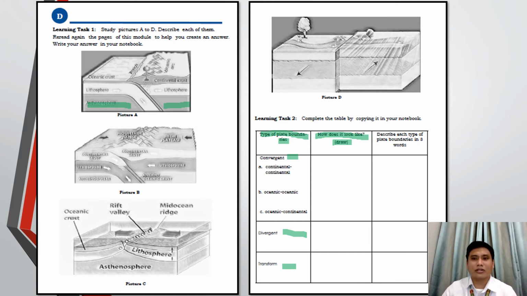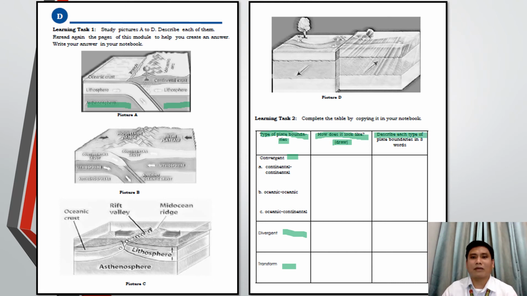You can use figures, just like the pictures that you can see on your learning module, or you can also use other figures that you can use in representing tectonic plates or huge masses of land.